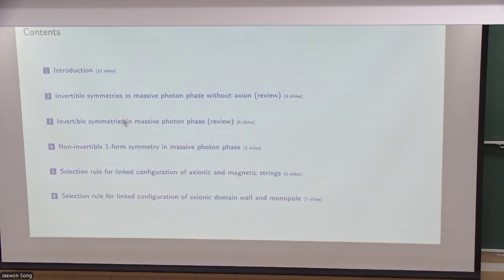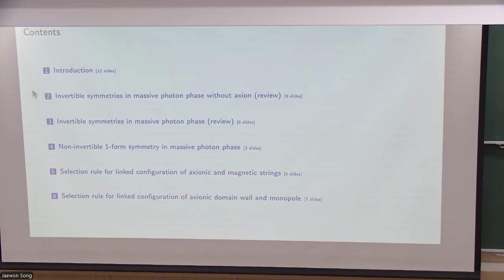Now, this is the contents of this talk. The first is the introduction. Next, I'd like to review the invertible symmetries in the phase with massive photon without axion. In this talk, I'd like to call the phase with massive photon, that is the Higgs phase, the massive photon phase. Next, I'd like to review the invertible symmetries in the massive photon phase with axion.